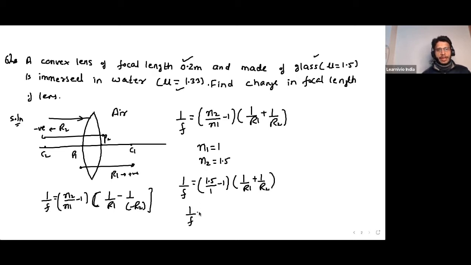So this 1 by F reduces to 0.5 times (1 by R1 plus 1 by R2). This is how we calculate 1 by F.